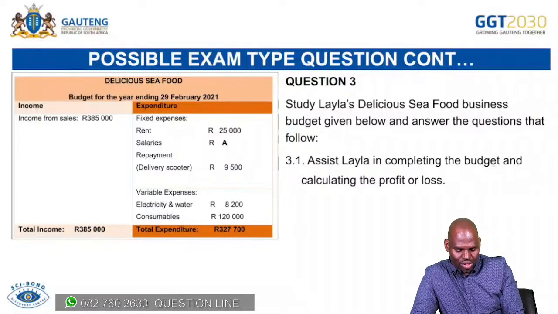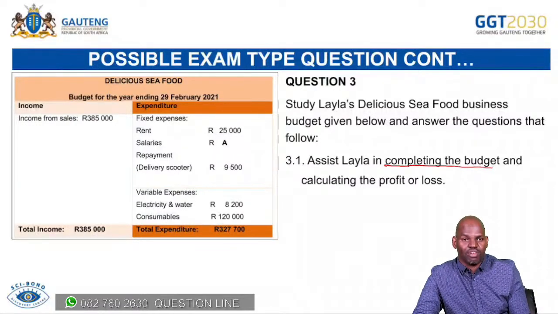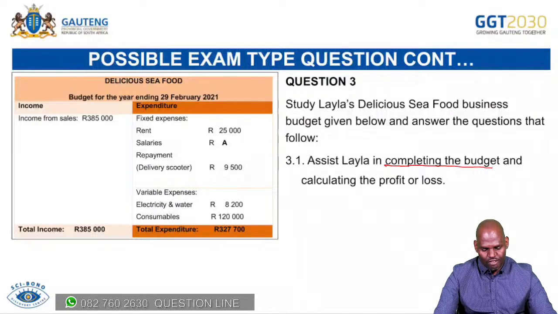So we have to start by completing the budget. Completing the budget simply means we have to find the value of A. Now, to find the value of A, we can see that all these amounts, when we add them together, must give us 327,700.